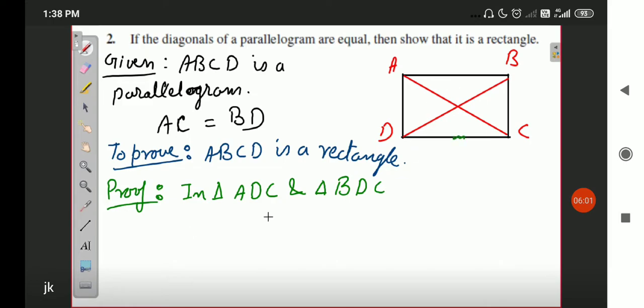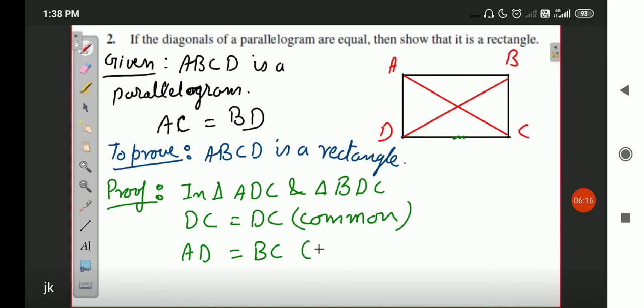So for these two triangles, first of all, DC and DC are equal. These are common sides. Secondly, AD and BC are equal. Why? Because opposite sides of a parallelogram are equal.